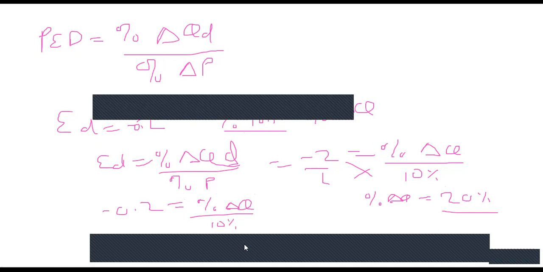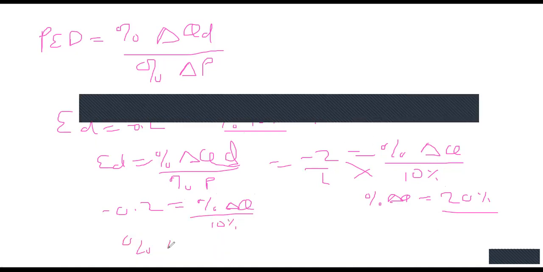So the percentage change in quantity demanded will be 10 times -0.2, so we get -2%. So it means demand is inelastic, and by so saying, we are going to increase price by 10% and reduce the quantity demanded by 2%. This is what makes elasticity important for pricing decisions.